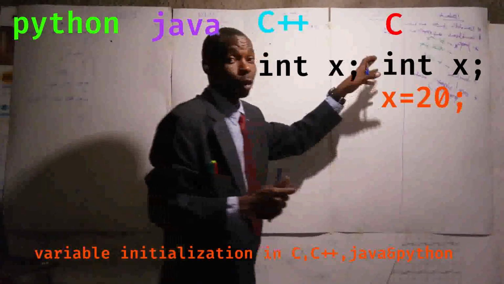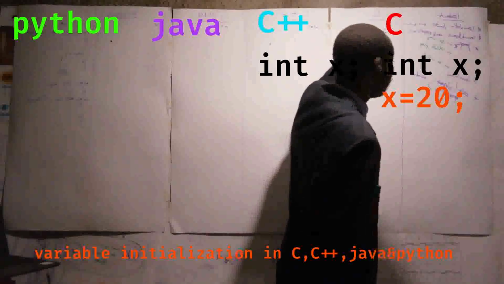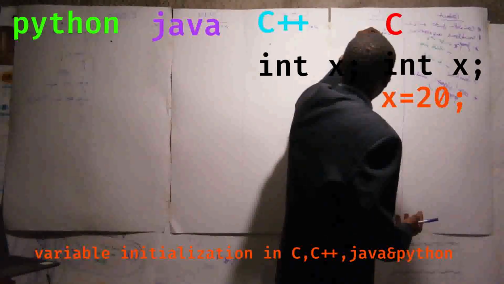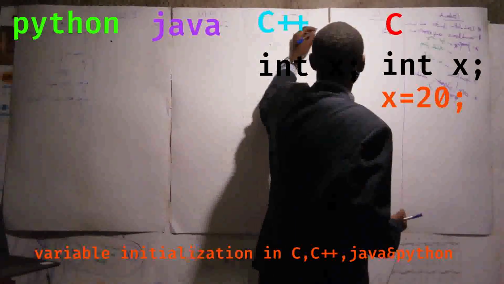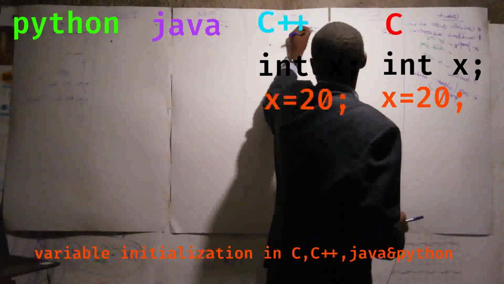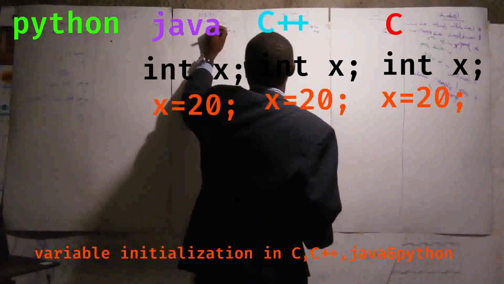After initializing your variable in C, if you don't do another statement for this variable, we close the statement with a semicolon. And it is the same in C++: x is equal to 20. And in Java it's the same: x is equal to 20.